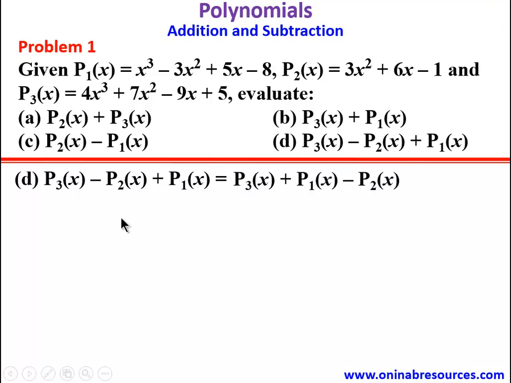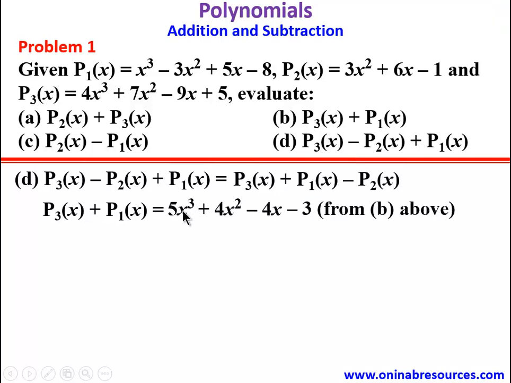So P3 of x plus P1 of x. For your information, we have already done the P3 of x plus P1 of x. We can just recall the solution, which is 5x3 plus 4x squared minus 4x minus 3, that is from 4b above.